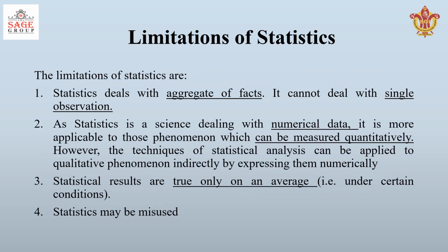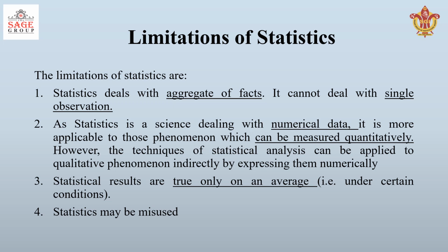Let us now enumerate limitations of statistics. 1. Statistics deals with aggregate of facts. It cannot deal with single observations or isolated observations. 2. As statistics is a science dealing with numerical data, it is more applicable to those phenomena which can be measured quantitatively. However, the techniques of statistical analysis can be applied to qualitative phenomena indirectly by expressing them numerically.